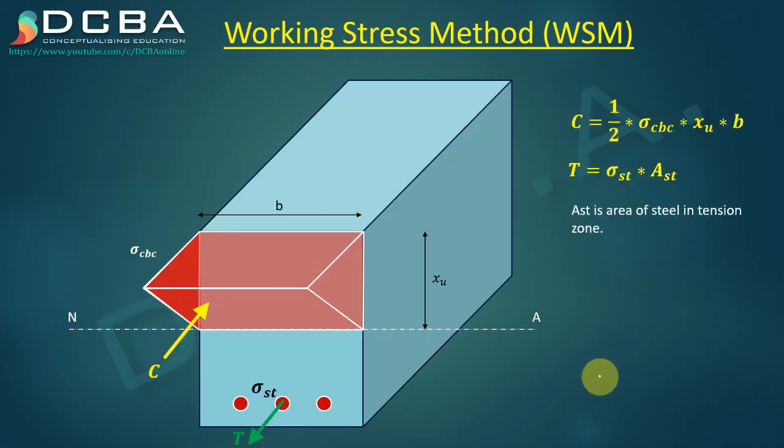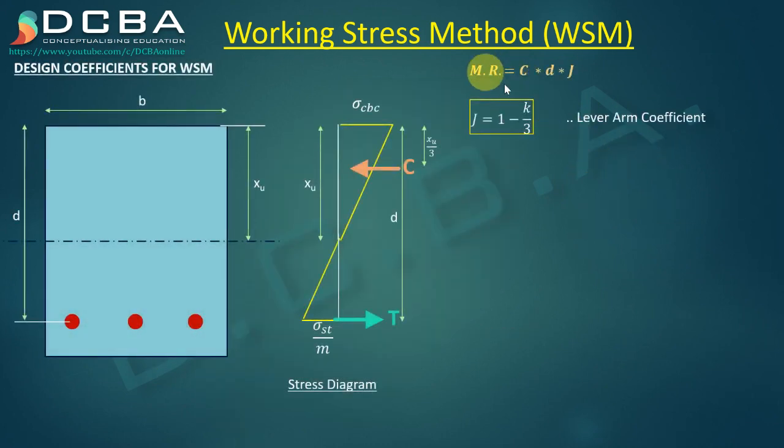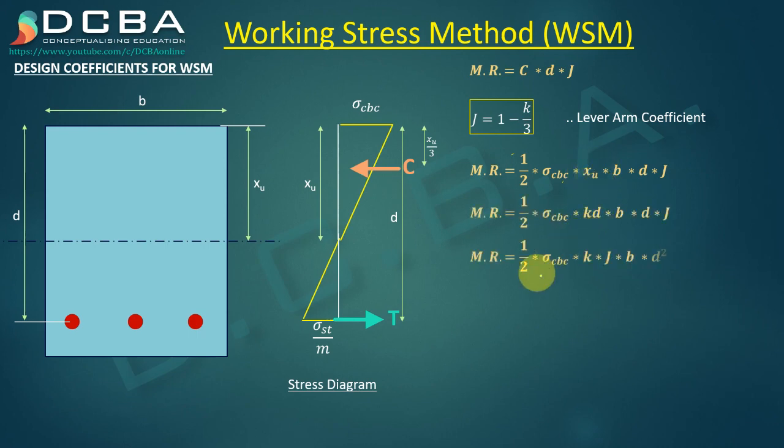Third design coefficient. Since we know MR is C into D into J, and C is half sigma CBC XU into B, this is the compressive force C. So I've just put that compressive force here. Again, this XU I can put as KD. So MR is half sigma CBC K into J into B into D square.